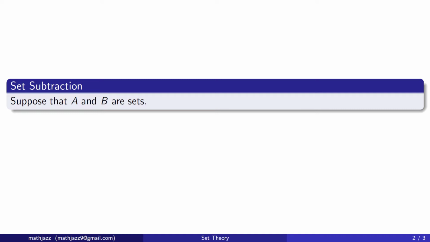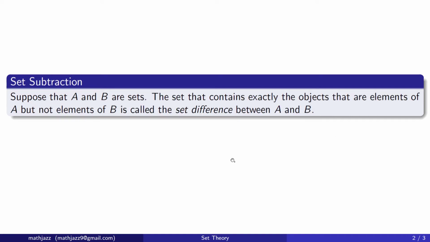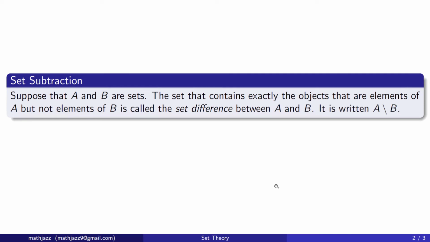Set intersection is not really similar to either addition or subtraction or any other regular number operation, but set subtraction is similar to the subtraction of numbers in that the set contains exactly the objects that are elements of A, but not elements of B. You think of it as you take all the elements of A, and then you go through and delete the ones that are in B. You subtract out the ones that are in B. And what you're left with is called the set difference between A and B. We write it like so.